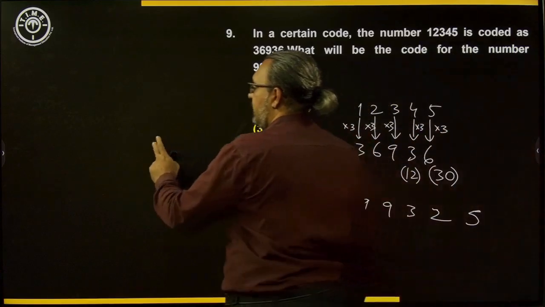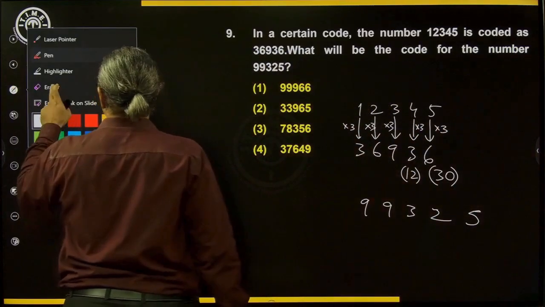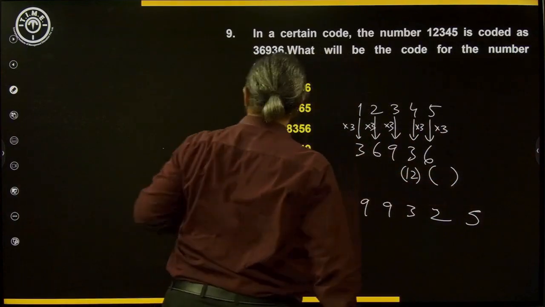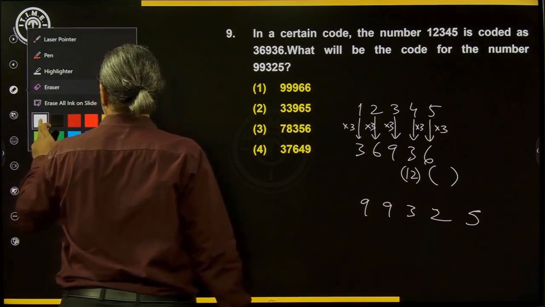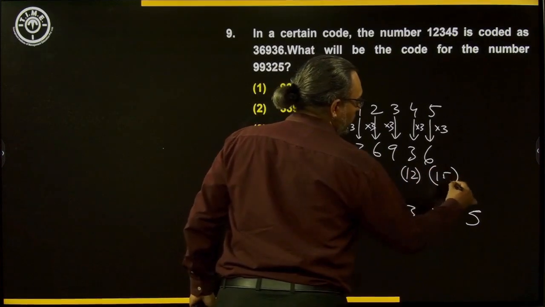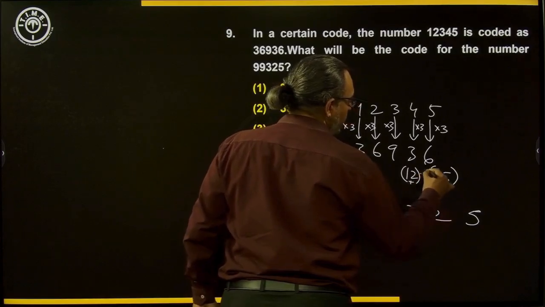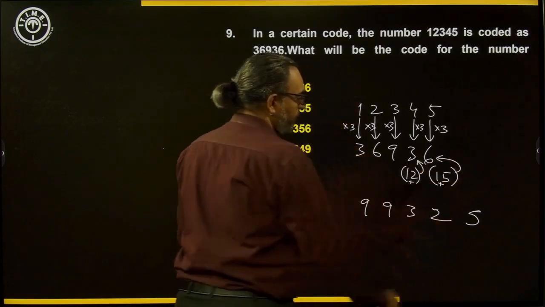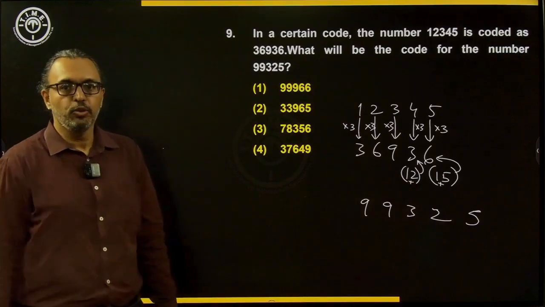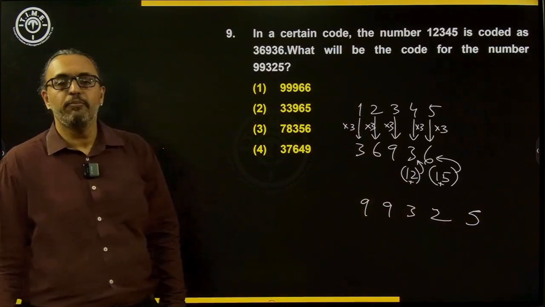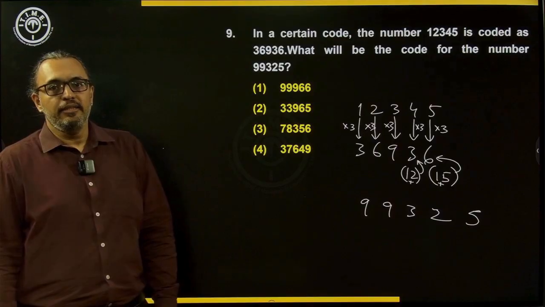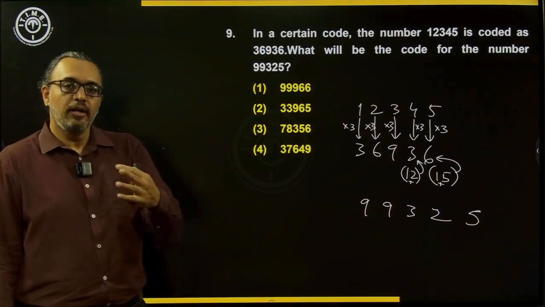So 5 into 3, I am getting 15. So when the number is double digit, he's simply adding the two digits to get the required number. Everywhere it is into 3 only. If you are getting two digits, add the digits.